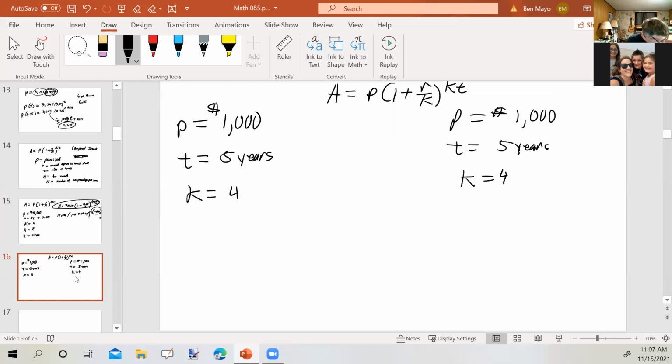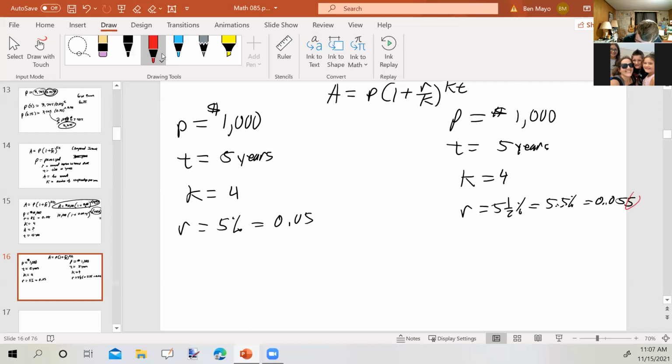Now, what changes is the annual interest rate. So here it's 5%, which is 0.05. Here it's 5.5%, which is 0.055.